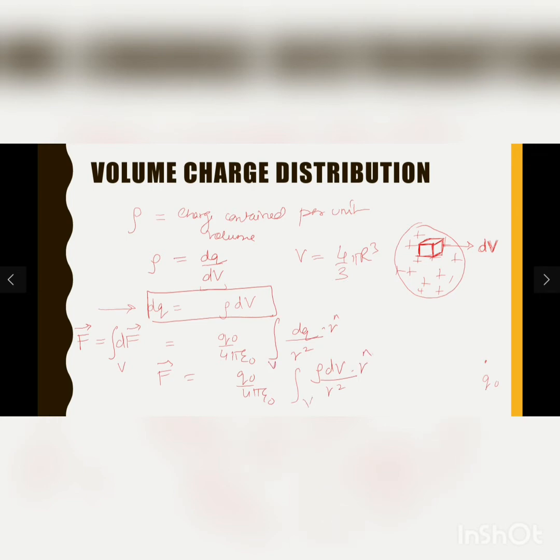That gives me my total force acting on the charge Q0. Similarly, I can find the electric field associated with this volume charge distribution. Electric field would be force per unit charge, so just divide this expression by Q0 and you have the expression for electric field associated with volume charge distribution.